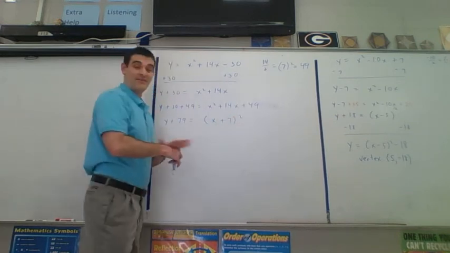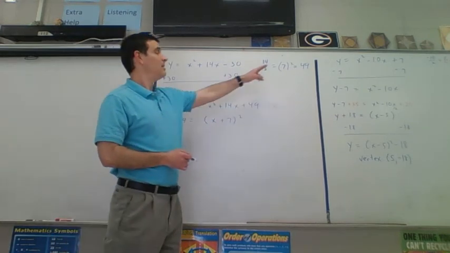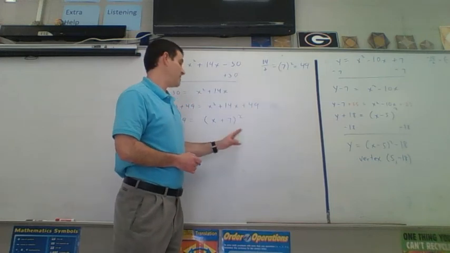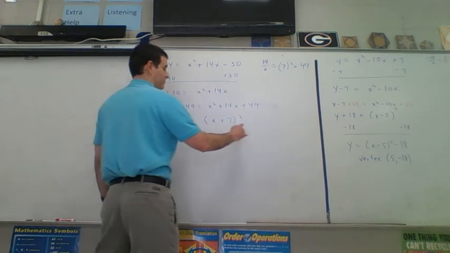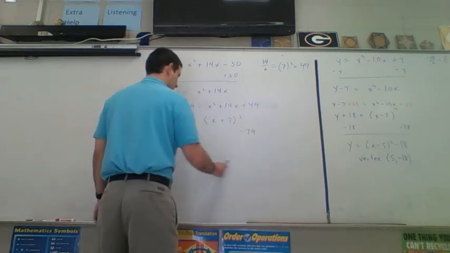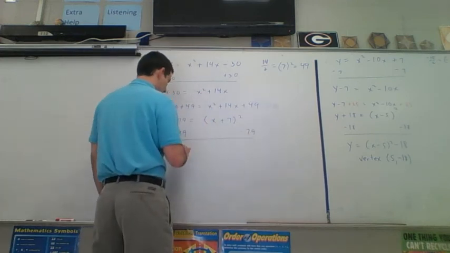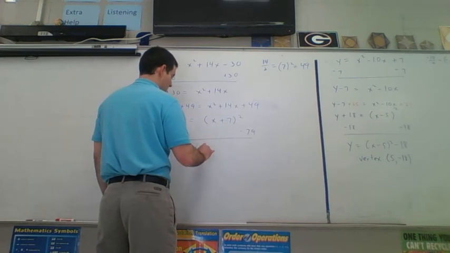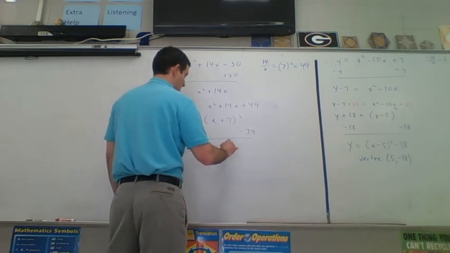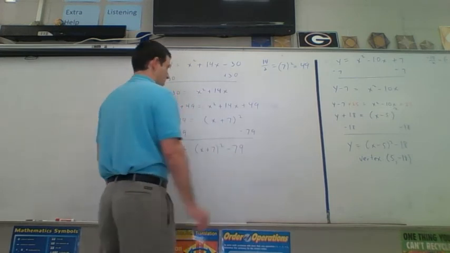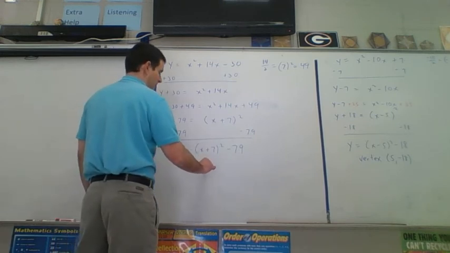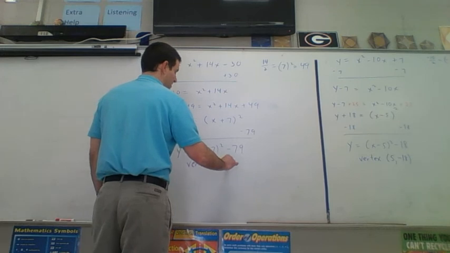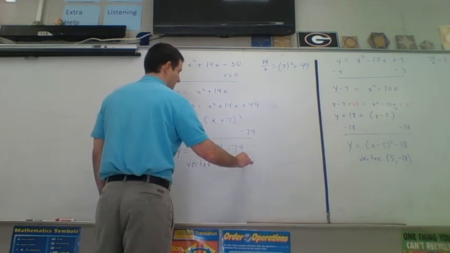And remember, you don't even have to think about that. This number always shows up here. Then we'll move the 79 back. The vertex here, which will be explained in a future video, is -7, -79.